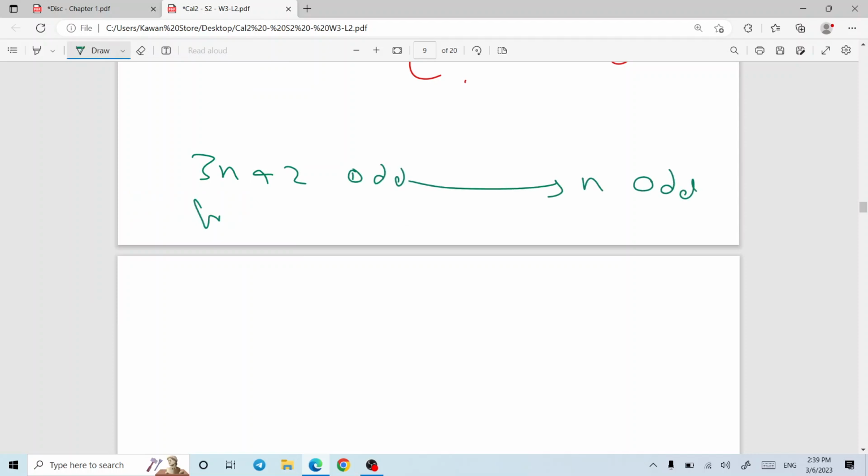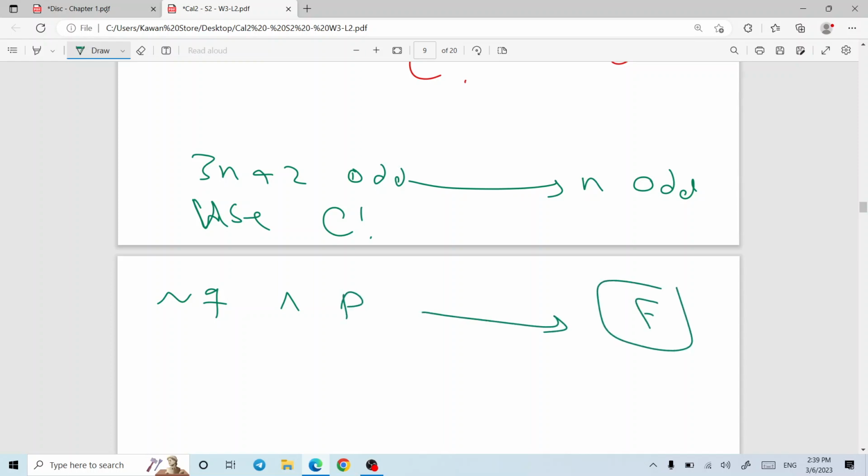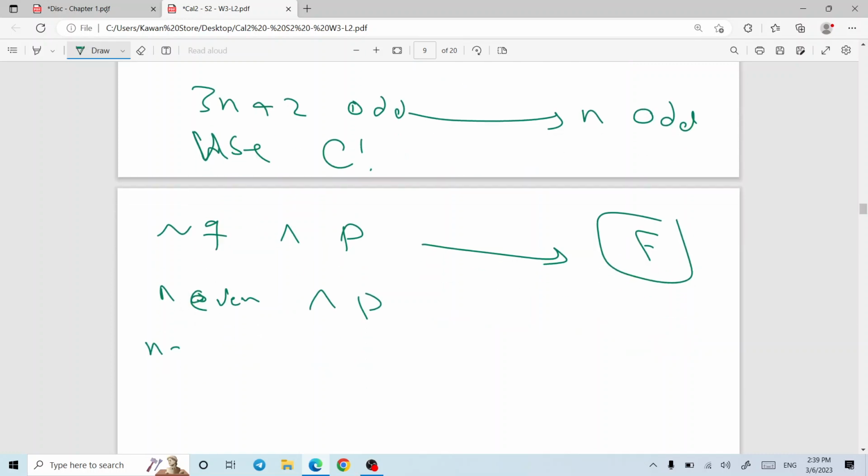I'm going to use contradiction. I say negation Q and using P will give me something which is false. How? I say negation Q is n not odd, n even. Then I have a P. I say n is even means that n equal to 2k. And we have 3n plus 2 is odd.